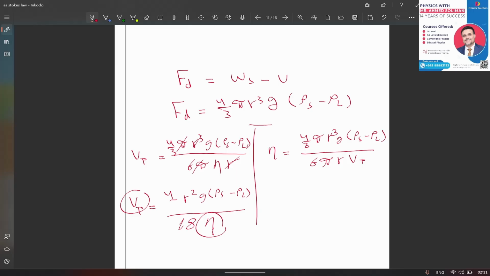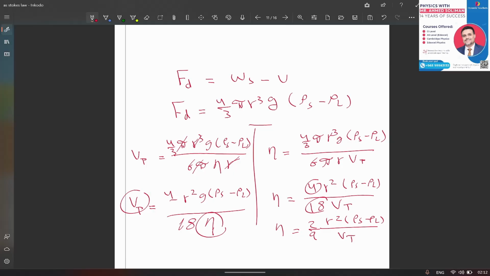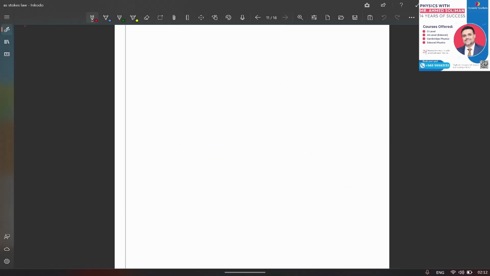We just replace eta with V terminal, so now we can write the same 4 over 18 r squared (rho s minus rho l) over V terminal. We can also simplify it: it can be 2 over 9 r squared (rho s minus rho l) over V terminal. So this is all the relationship you can write if you are asked.